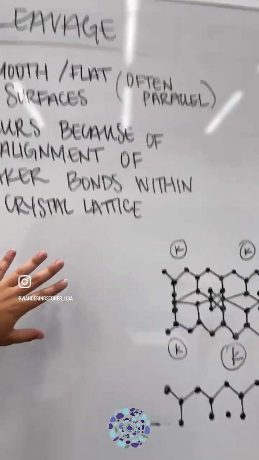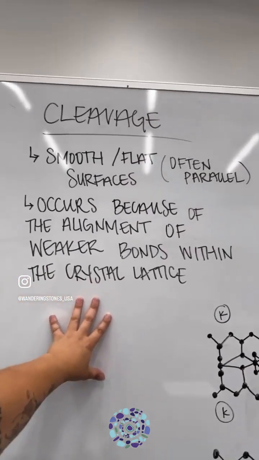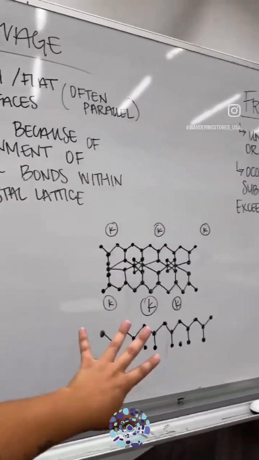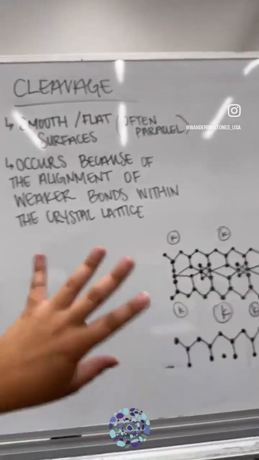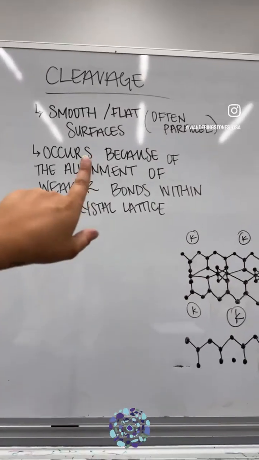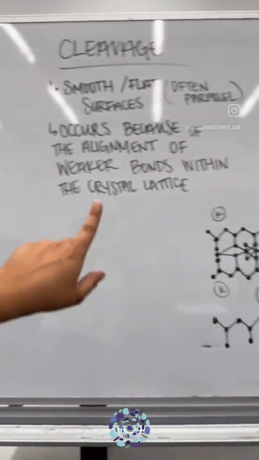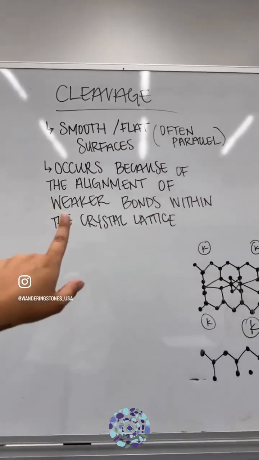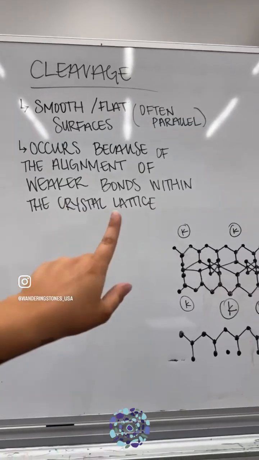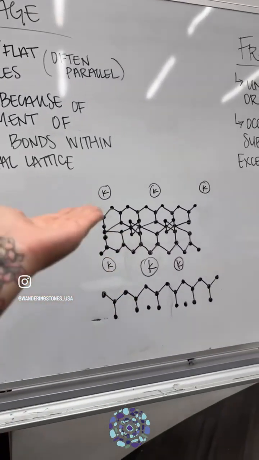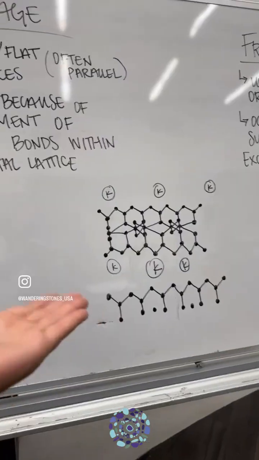So when we're talking about cleavage, muscovite mica is a really good example of cleavage. We'll get into that when we're done talking about cleavage, but smooth, flat, often parallel surfaces, and it occurs because of alignments of weaker bonds within the crystal lattice. So we can see that. There's clearly going to be some weak points in here.